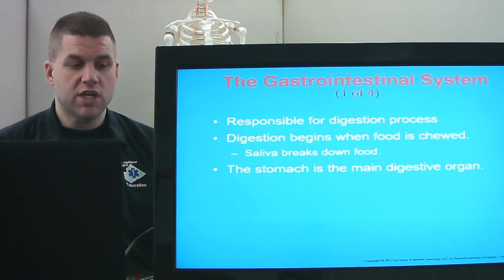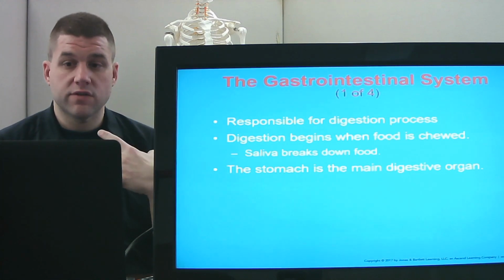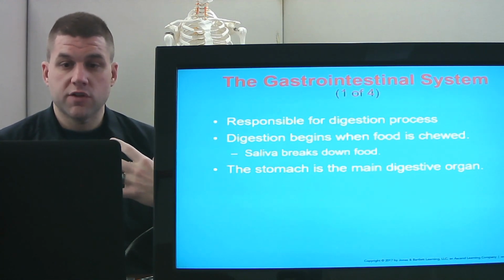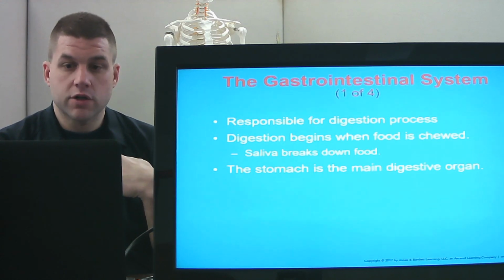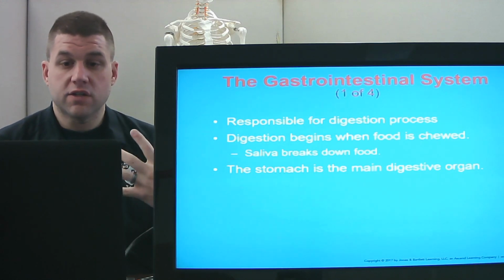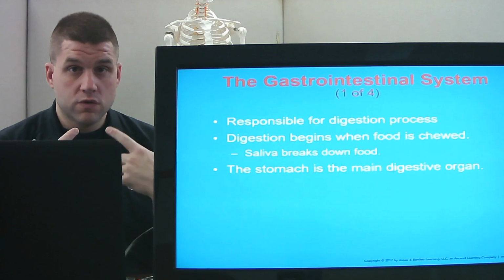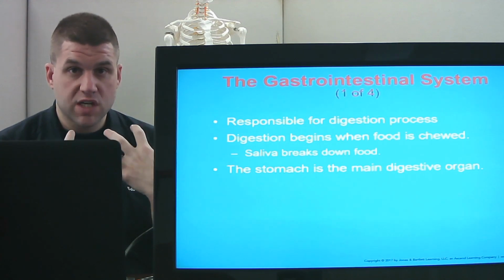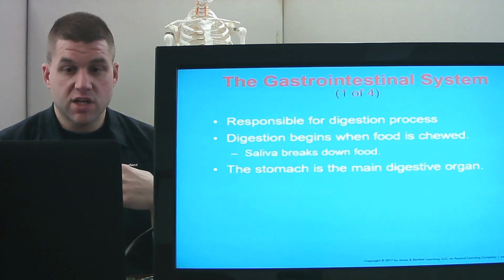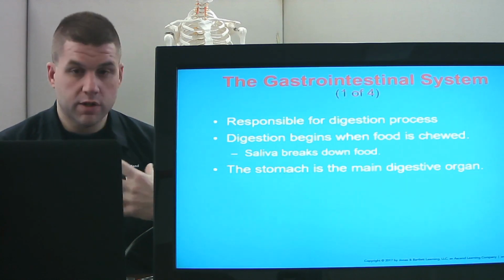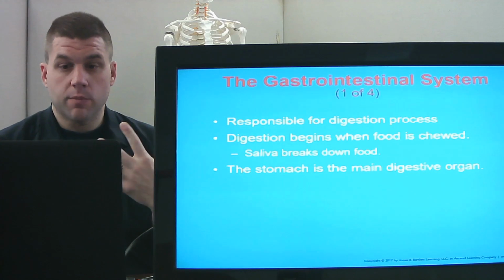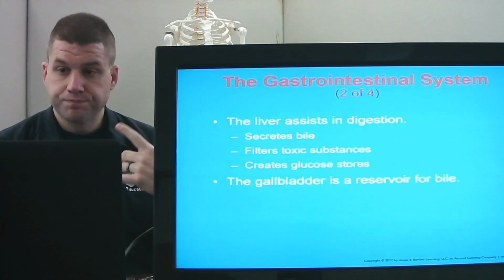But what about the GI system? The gastrointestinal system is responsible for our digestion process. Digestion starts when we chew our food. As soon as we start to break it down with our teeth, we are beginning the digestive process, and with saliva, we're starting to break it down. The stomach becomes the main digestive organ.